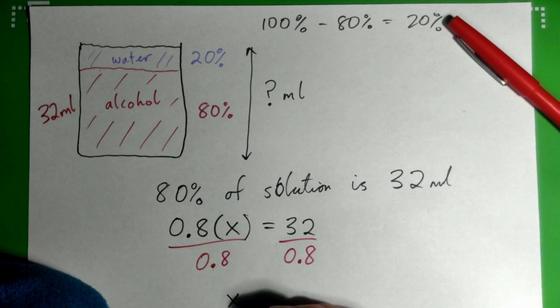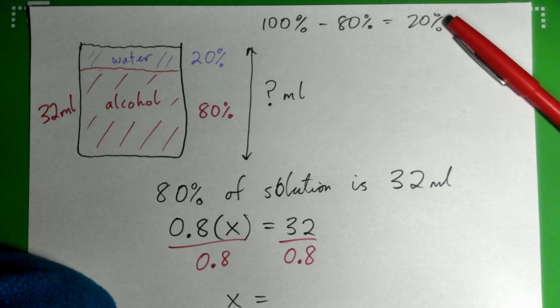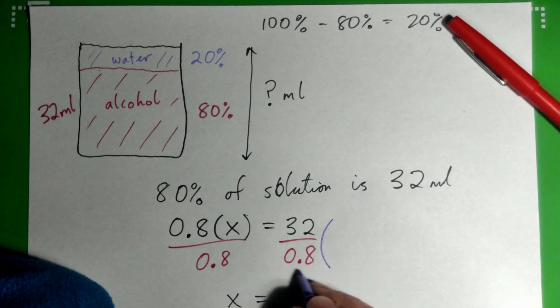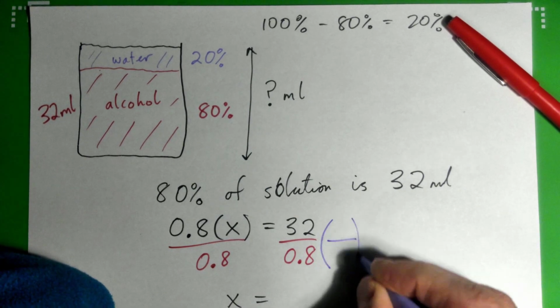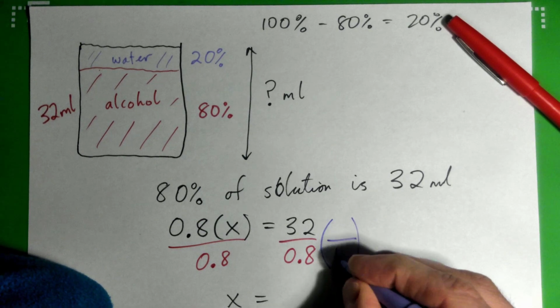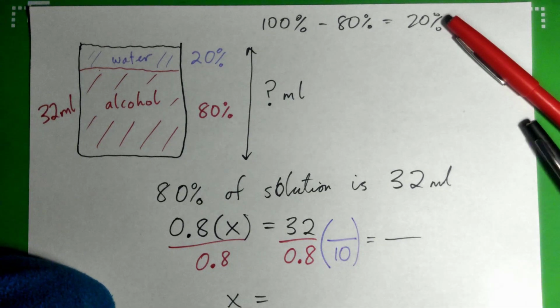But you have to turn the 0.8 into a whole number. Multiply that by 10. Very good. We can't divide by decimals, so we have to turn decimals into whole numbers. So to turn 0.8 into a whole number, you can multiply it by 10. And 0.8 times 10 gives 8.